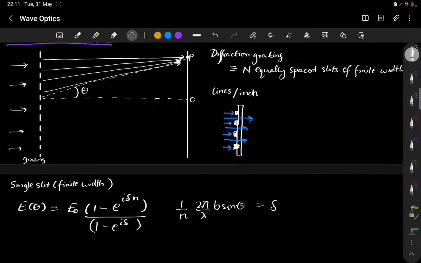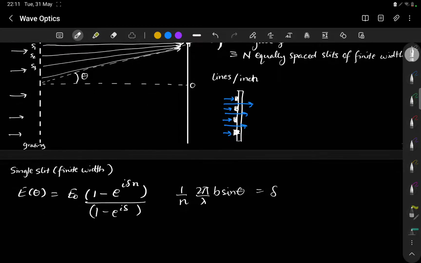Now we have n such finite single slits in our grating. We have n of these. So this is slit 1, this is slit 2, slit 3, so on and so forth, n of such slits.